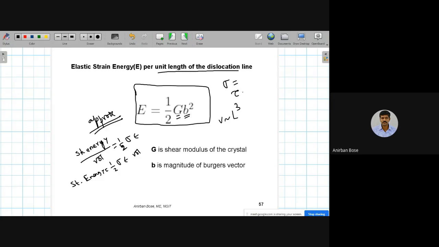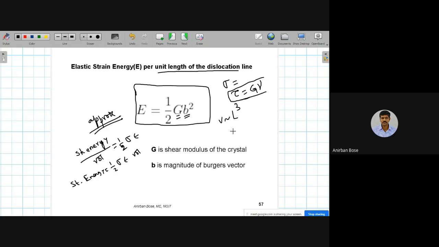Shear stress is shear modulus into shear strain. If we call the shear strain theta, or you can call it gamma, whatever symbol you use, this is the relation between shear stress and shear strain.